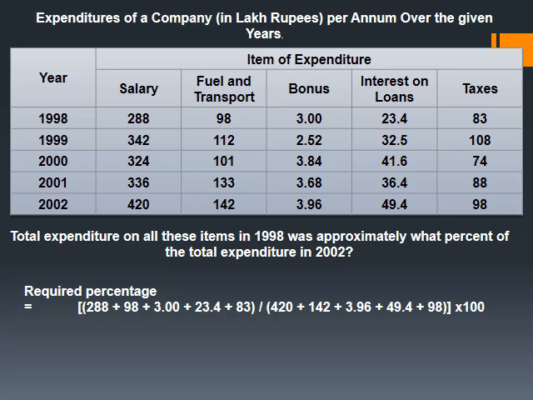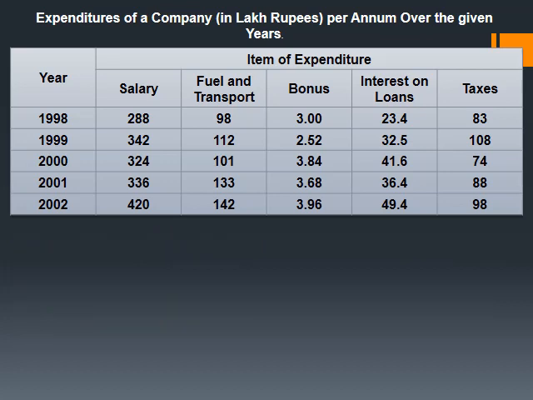Salary is 288, fuel and transport is 98, bonus is 3, interest on loans is 23.4 and taxes is 83. So add all this, divide by the numbers in 2002, that is 420, 142, 3.96, 49.4 and 98. We get a number, multiply that by 100 to get the percentage, and that is 69.45, very close to that number.